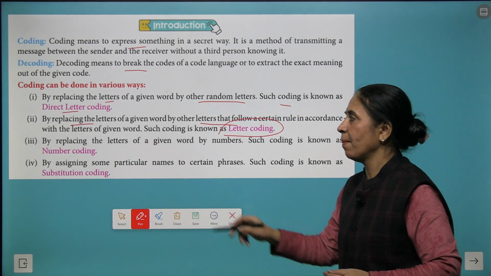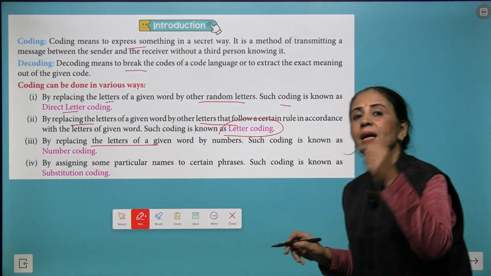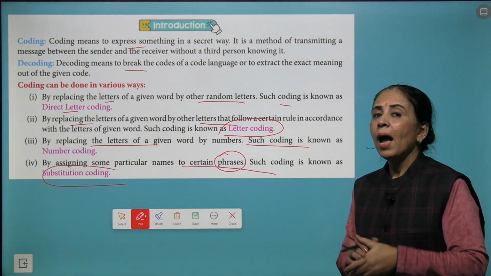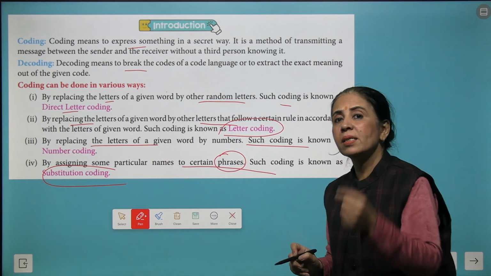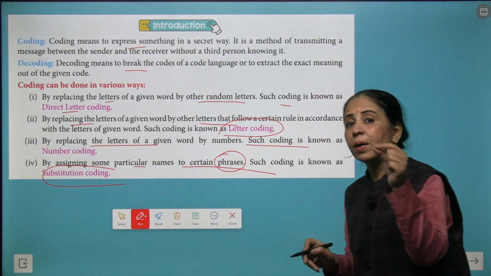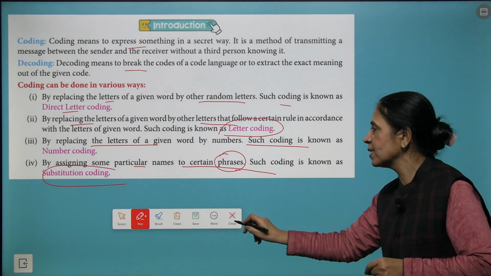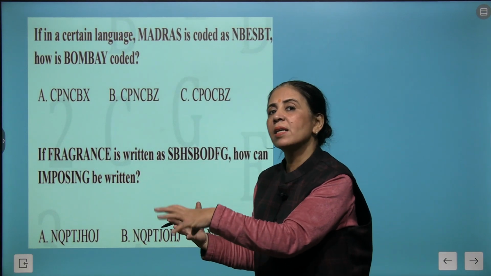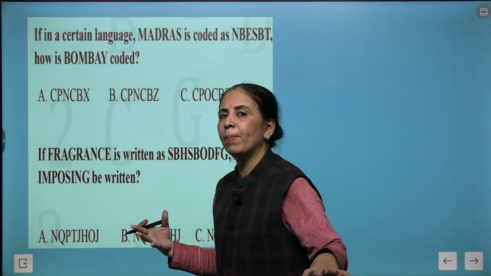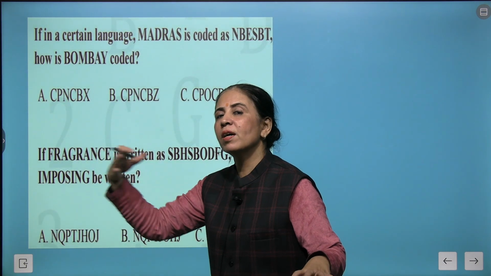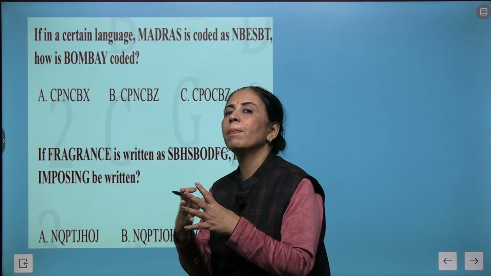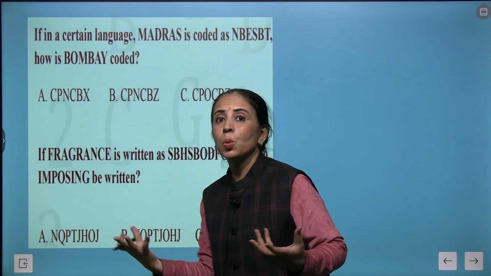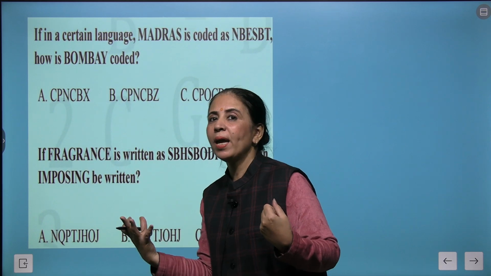The third one is number coding, where we replace the letters of the given word with certain numbers. And what is substitution coding? It is assigning some particular names to certain phrases so we are able to hide things which should not be disclosed to the public, but only the receiver and the sender are able to connect with each other and communicate properly. That's what is done in scientific coding, right?